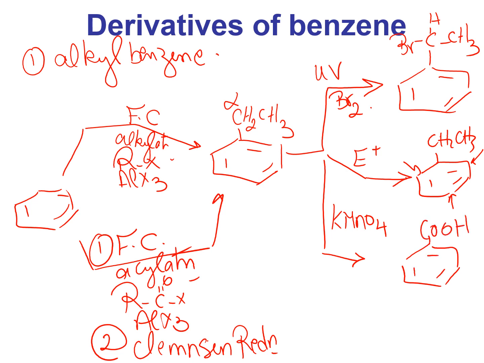Let's explain the first and the last point. Why did we introduce the substituent to the alpha carbon, and why did the potassium permanganate produce the benzoic acid upon oxidation of the alkyl benzenes?